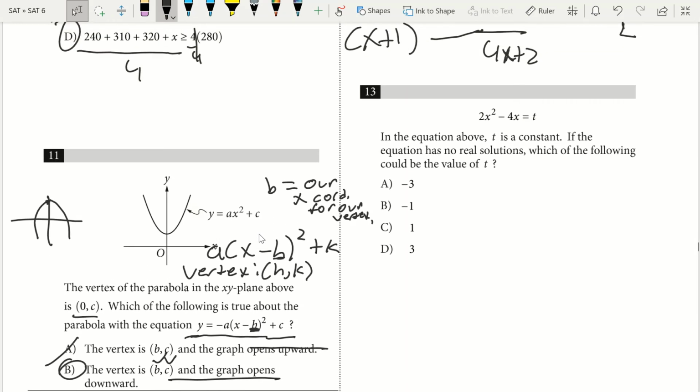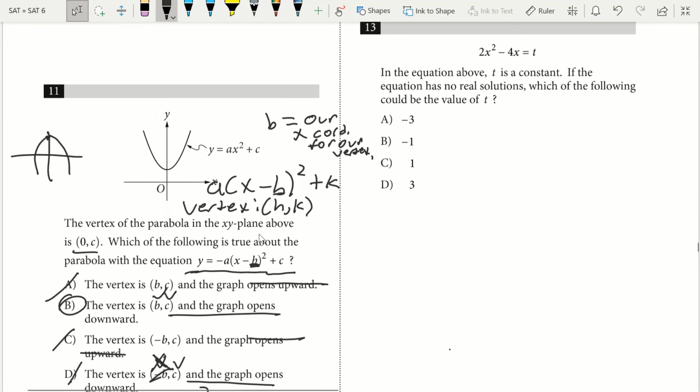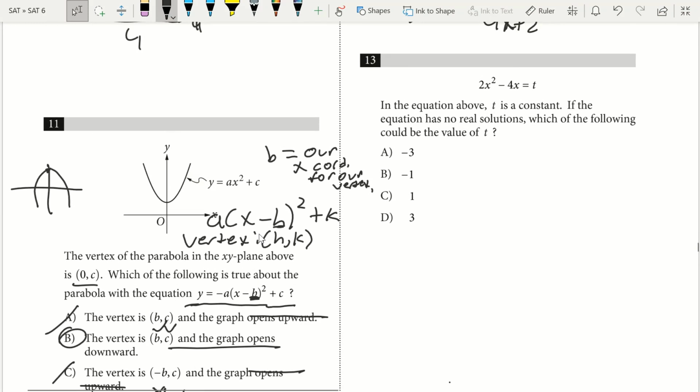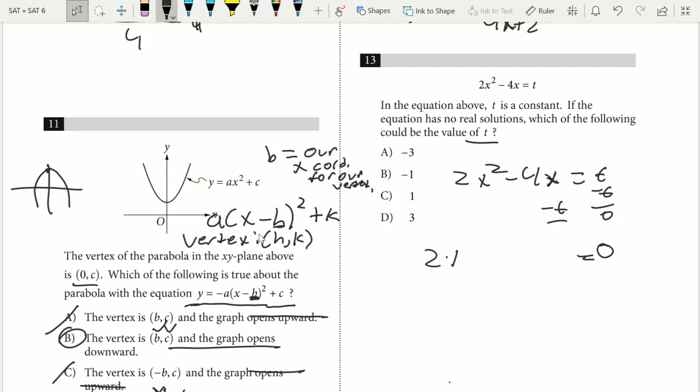Question 12, or we already did 12. Question 13. In the equation above, t is a constant. If the equation has no real solutions, which of the following could be the value of t? Alright, so in order to find out what t has to be in order to have no real solutions, what we're going to do is we're going to move t to our left side so that we can set our equation equal to 0.